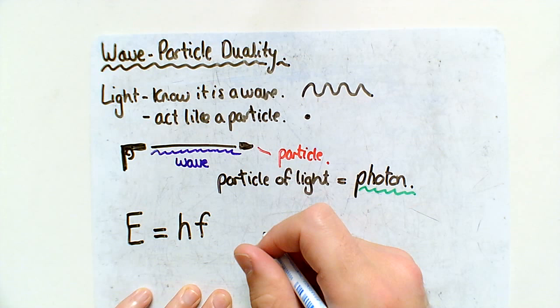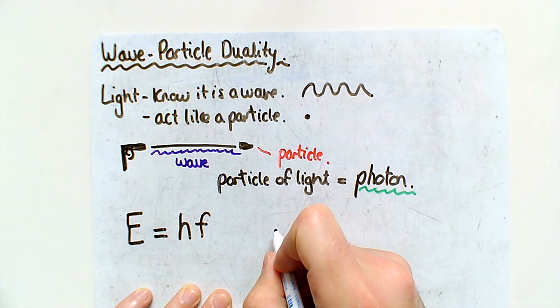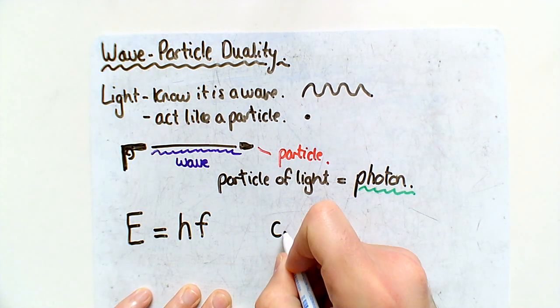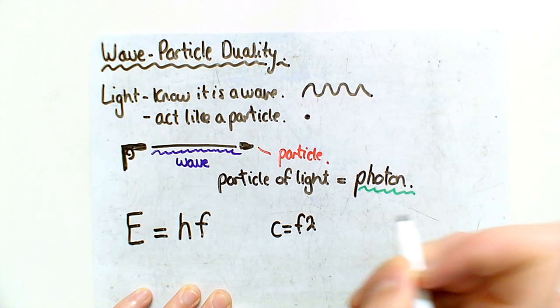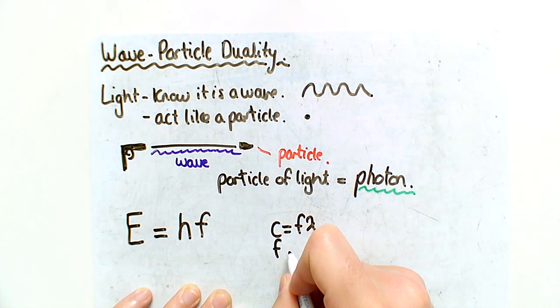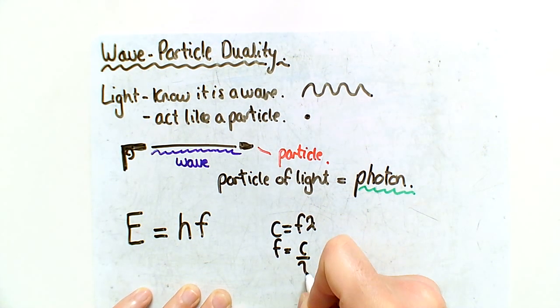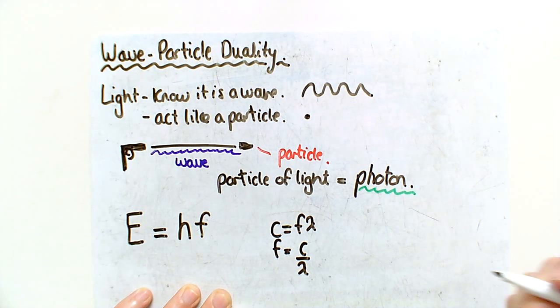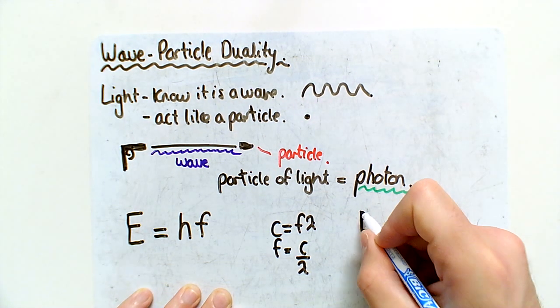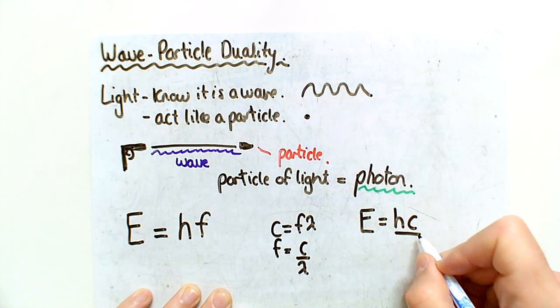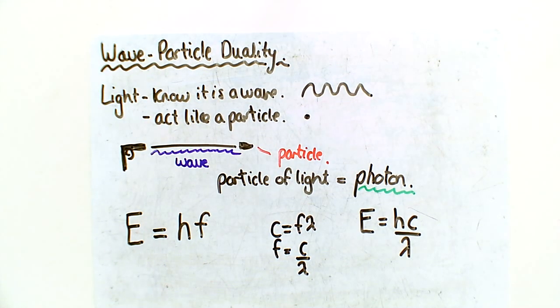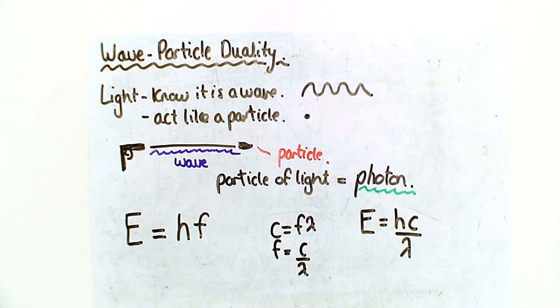But we know that c equals f lambda. So f equals c over lambda. It means we can also write this: E equals h c divided by lambda. That gives us the energy.